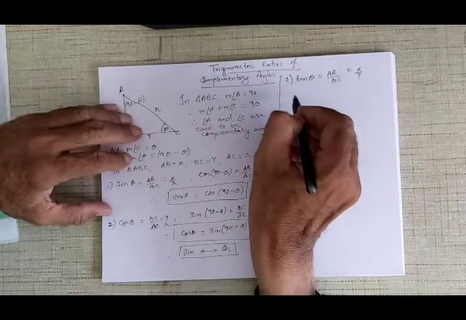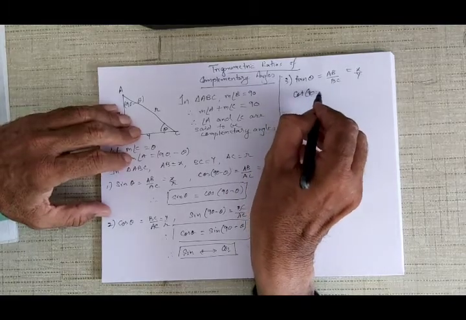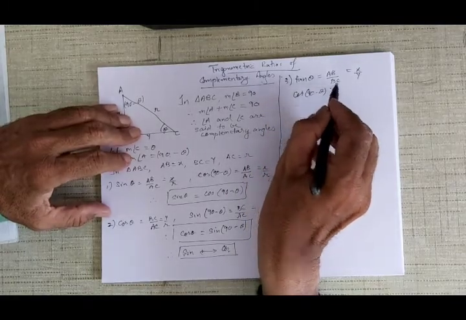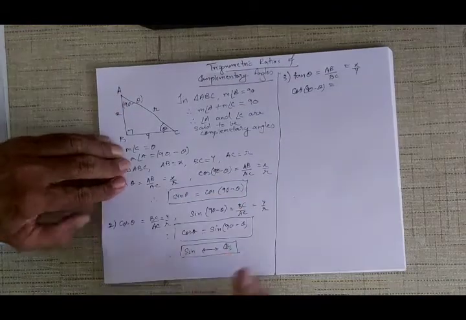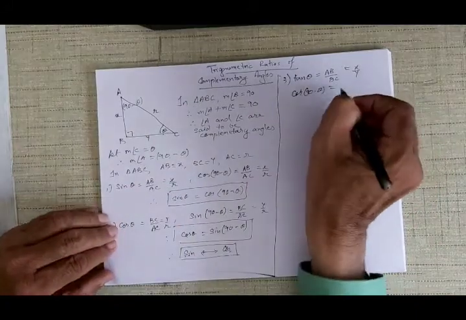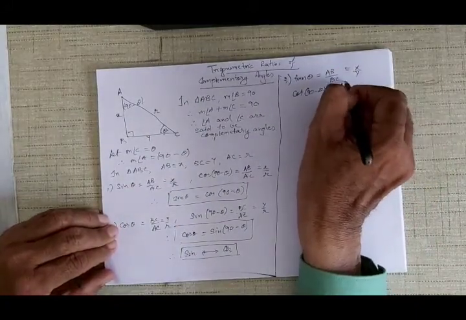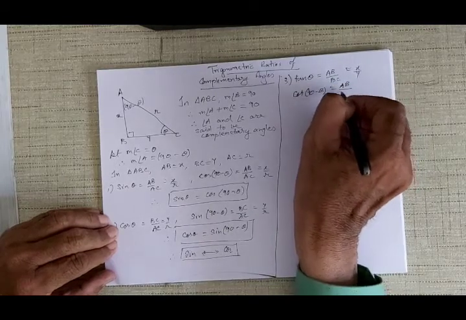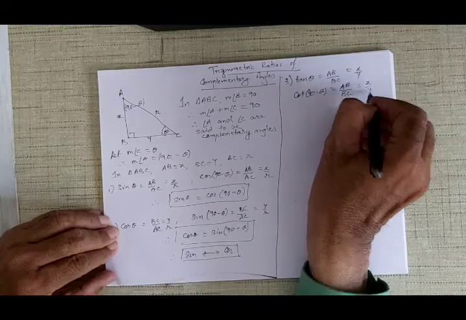And if I take cot of 90 minus theta, cot is adjacent upon opposite. Here the adjacent side is AB, opposite side BC, so AB upon BC, and that also is x upon y.